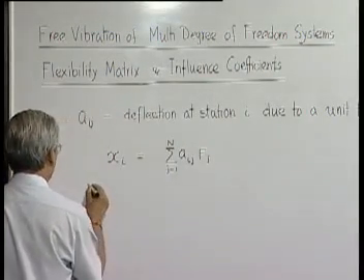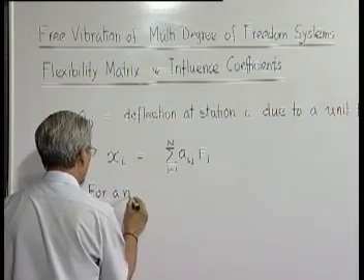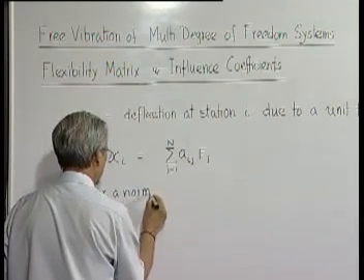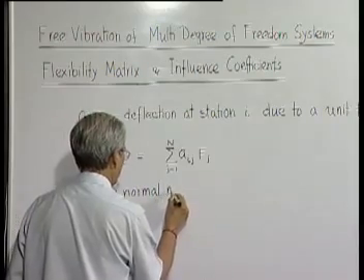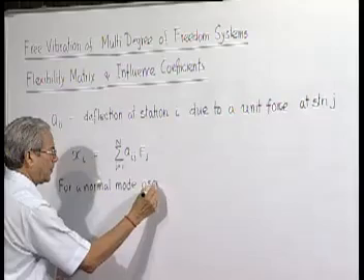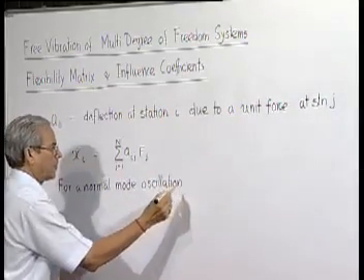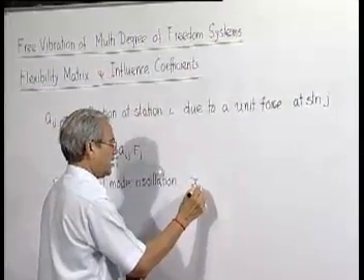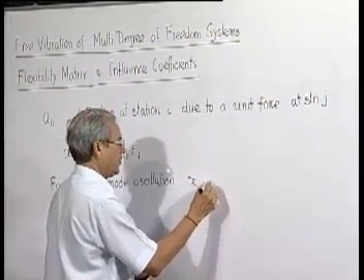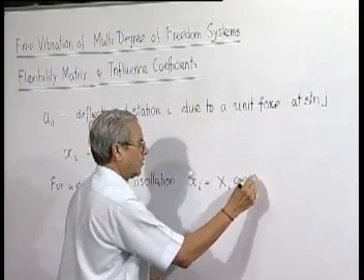So, for a normal mode oscillation, xi equals capital Xi cosine omega t.